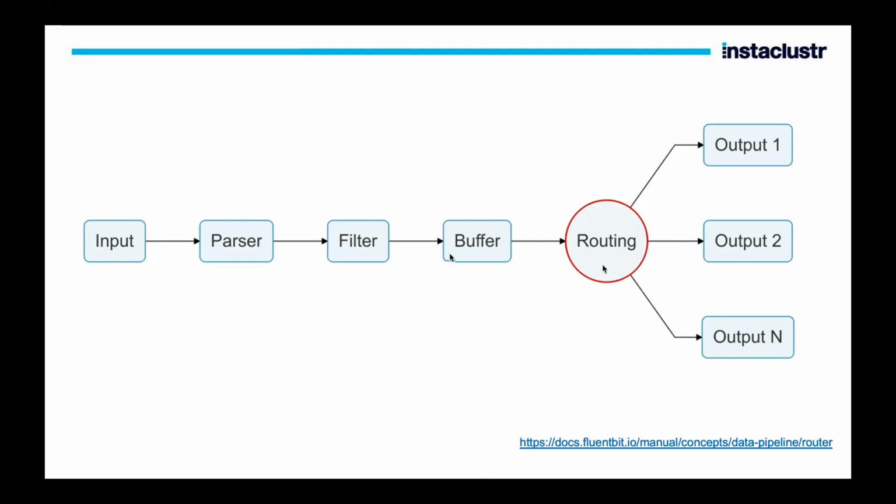And then on the routing side, when it's just about to be sent to the output side, you can match those tags. And that's where the information comes in. And it's very important that the tag is added at the start, because if it does not have the tag information, Fluent Bit will delete those logs.